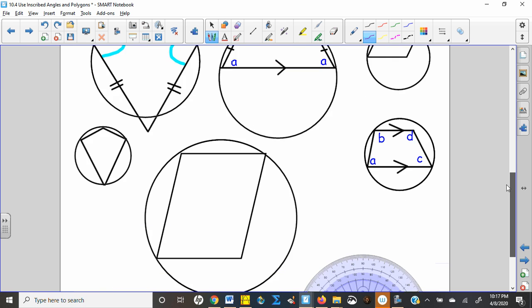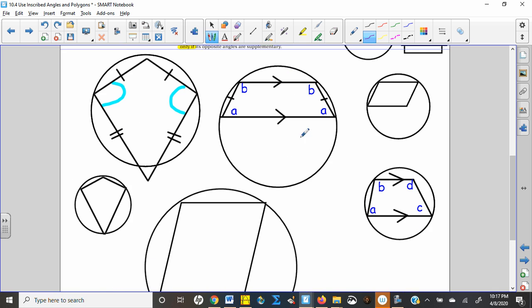And then an isosceles trapezoid. So an isosceles trapezoid isn't just any old trapezoid. An isosceles trapezoid is a trapezoid with legs congruent, so the base angles are congruent. And so if A is say like 120, B would be 60, and so these would be supplementary, these would be supplementary. That would work.